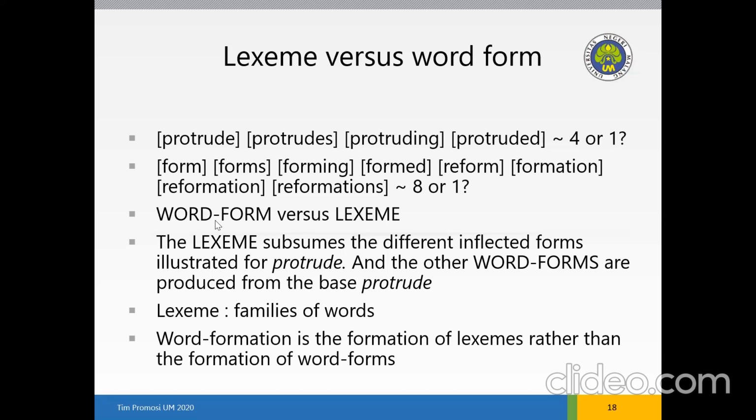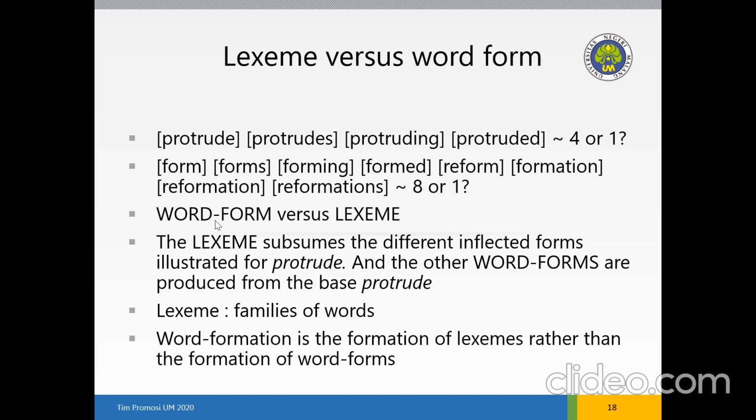The lexeme subsumes the different inflected forms illustrated for protrude, and the other word forms are produced from the base protrude. It's also the same with form. All of the words provided come from the base form.